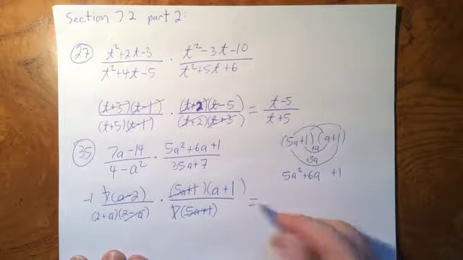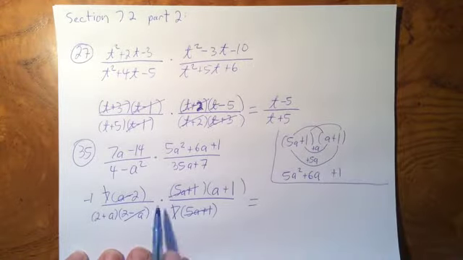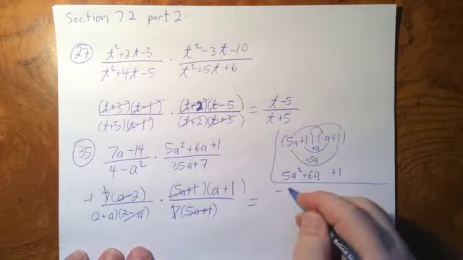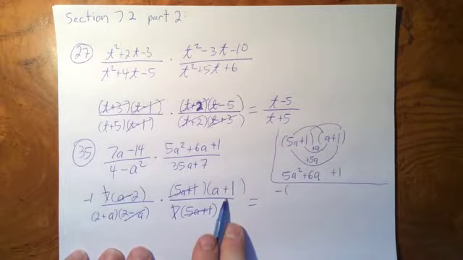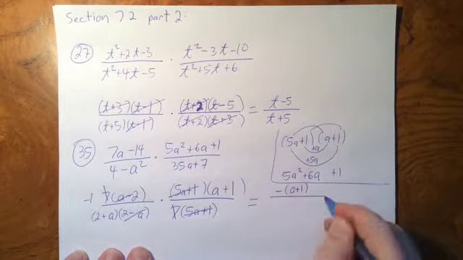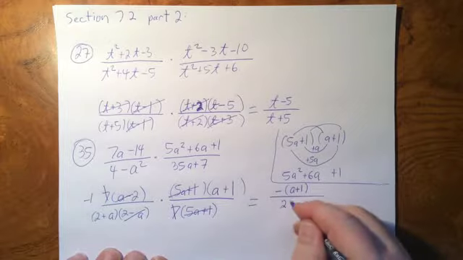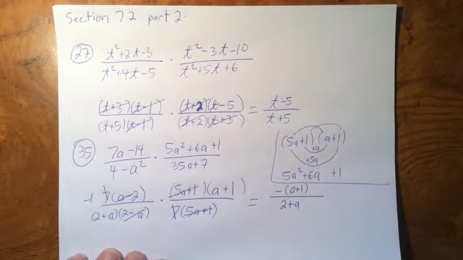So there's a couple ways to express the final answer. One way is we can leave a negative outside the parenthesis of what remains, which is a plus 1, over what is at the bottom, which is 2 plus a.